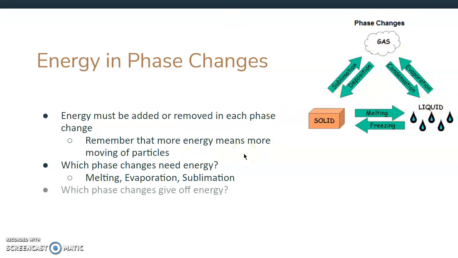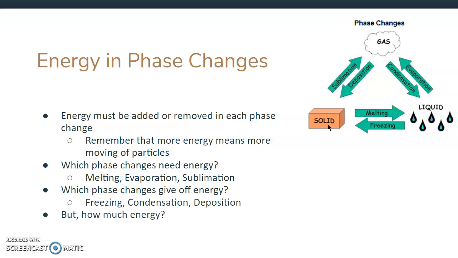And then the exact opposite is which phases give off energy, or we don't need to put energy into. So naturally, as water cools down, as our molecules move less, we have condensation. As our molecules move even less, we have freezing or deposition. So the question is, how much energy is changed here? How much energy is given off, or how much energy do we need to put in?